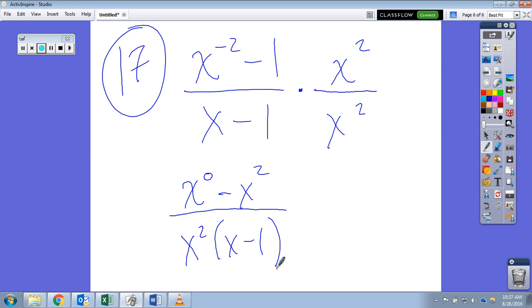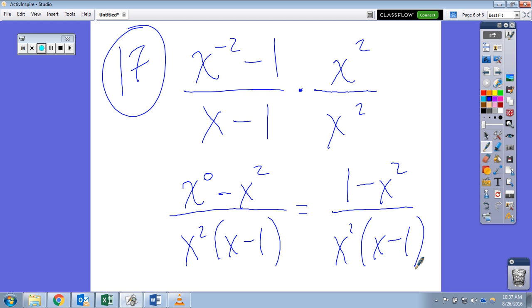It only gives you benefit. So here, x to the 0 is 1, so now you have 1 minus x squared over x squared times x minus 1. If you can factor completely the top and the bottom, do that because stuff might simplify.